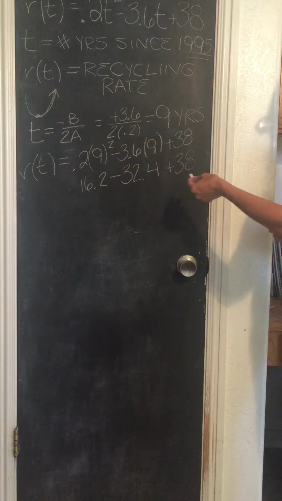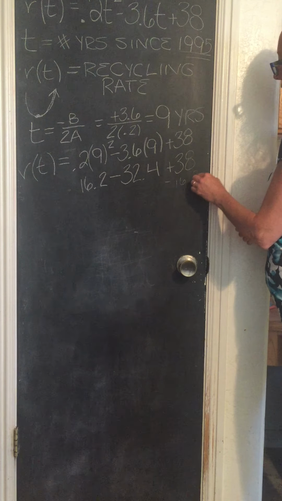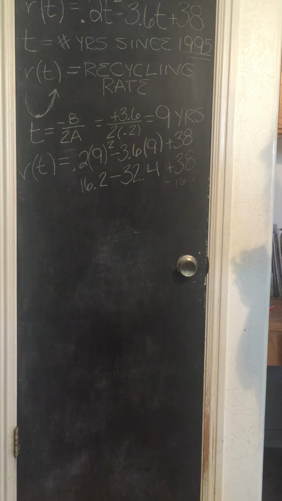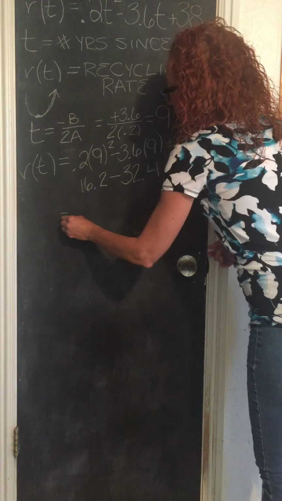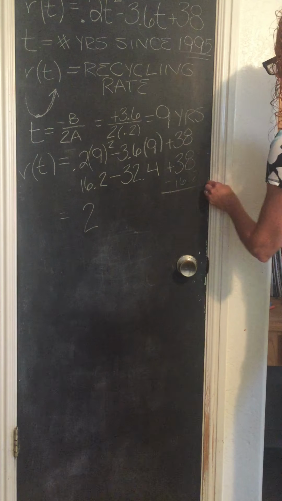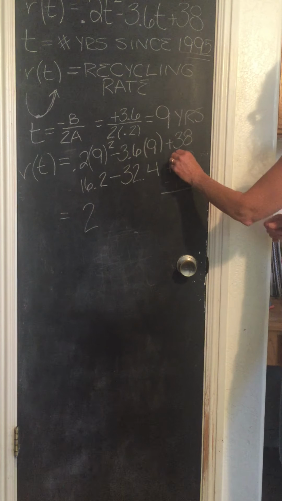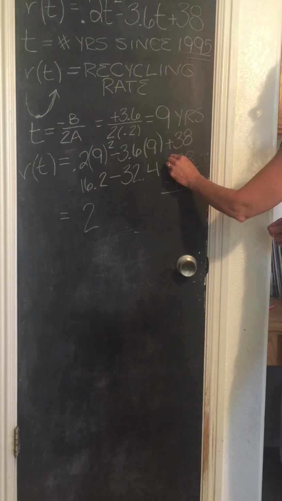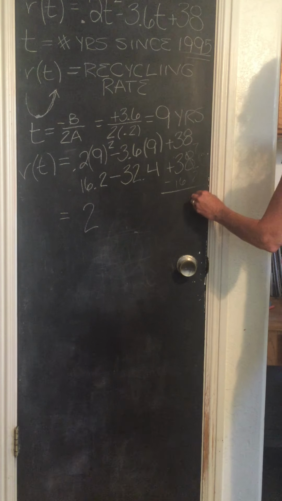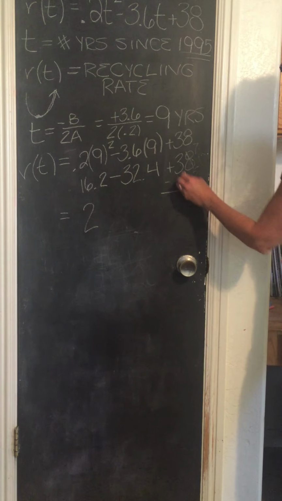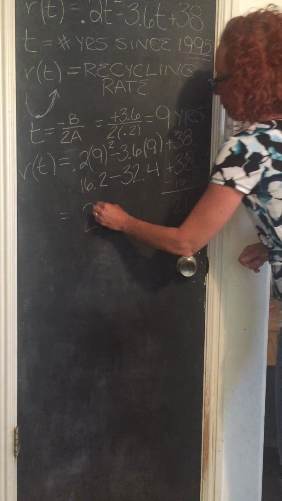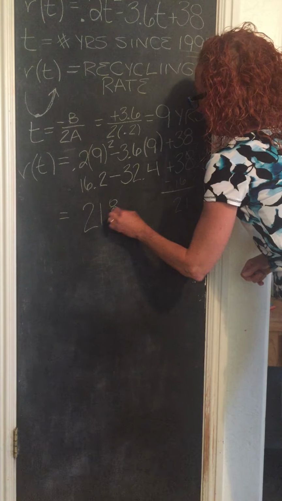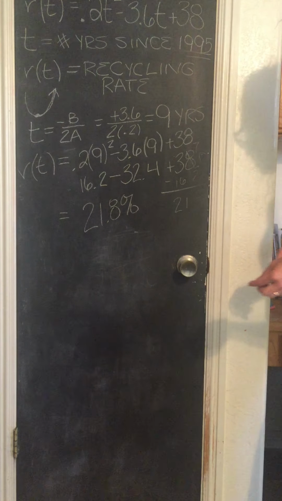So this is negative 16.2, and 38 is going to be 20 point, bear with me here, my calculator's in the other room, I'm going to borrow here, so that's going to be an 8, so 21.8, so that's my percent.